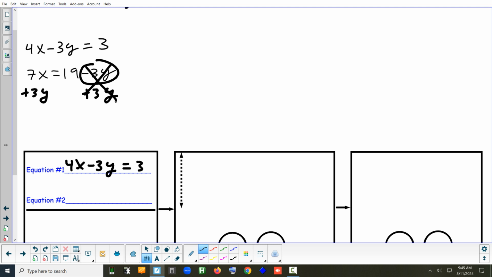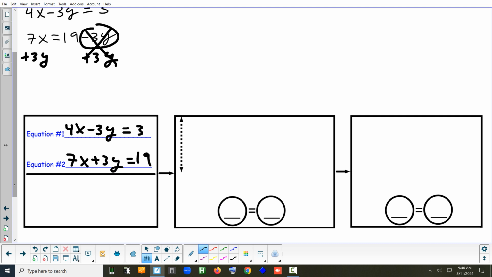So that's gone. Now, what do you have on the left side? 7x plus 3y. Okay, so let's write that down. 7x plus 3y. And what do you have on the right side? 19. So that's the only extra step. So now, why don't you guys see if you can solve it for x and y, and then we'll go over it. That's the last one.